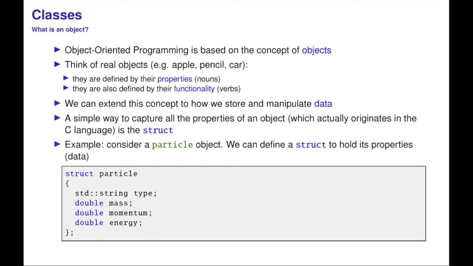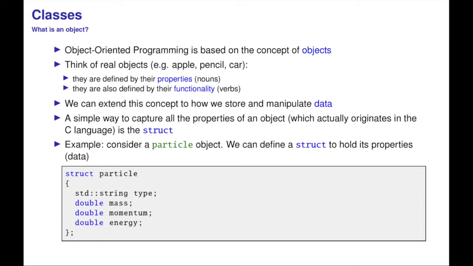We can extend this concept to how we store and manipulate data. A simple way to capture all the properties of an object, which actually originates in the C language, is called a struct. So a struct is just a bucket where you can put things in. For example, think about a particle object.